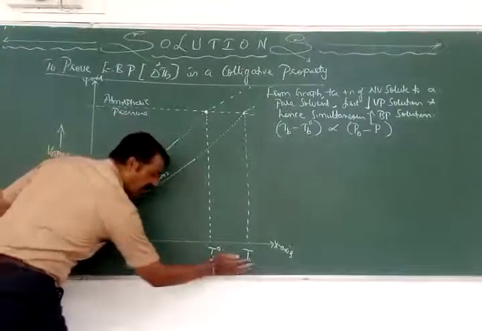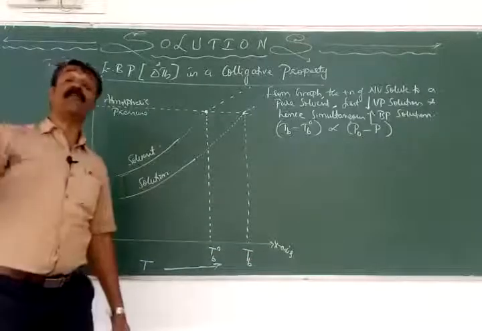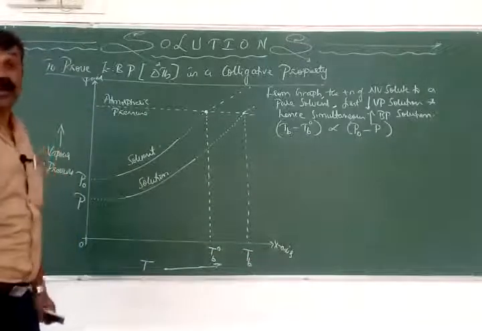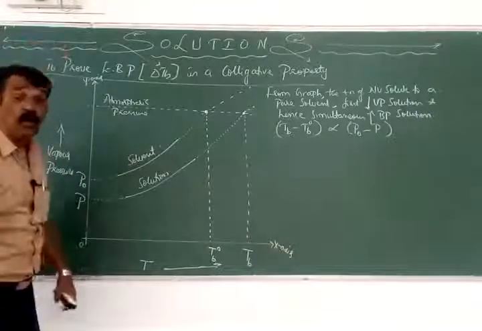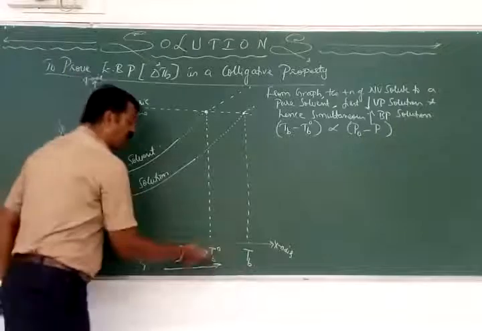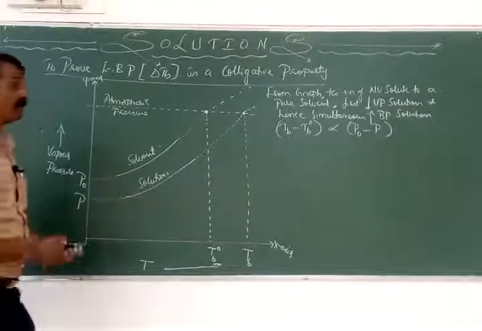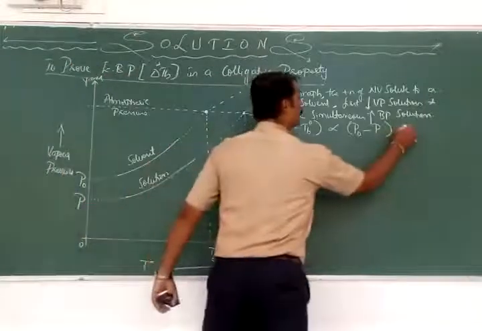TB minus TB naught is proportional to P naught minus P.